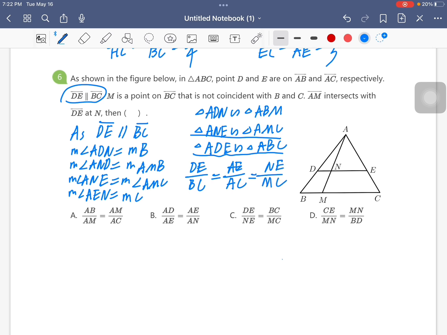So by cross multiplying, we can change the numerator and the denominator here, so that would be DE over NE equals BC over MC. So C is correct.